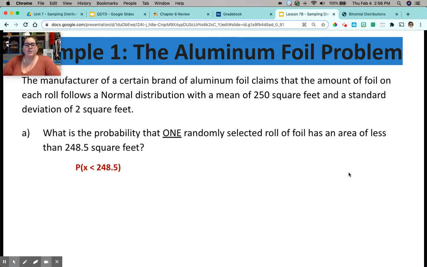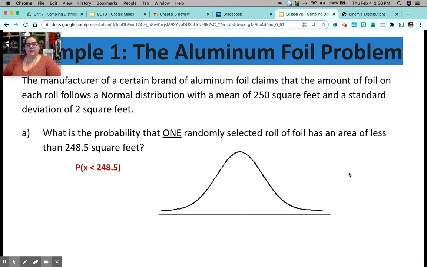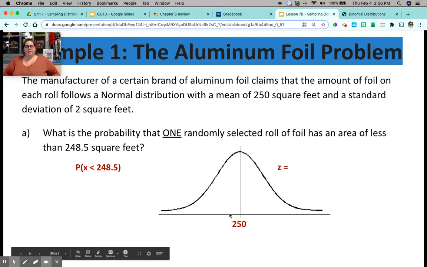All right, so I'm finding just the probability that X, that area for one roll of foil, is less than 248.5. I have my normal model that they told us was normally distributed. I have a mean of 250, and then I can find a z-score. Obviously, my 248.5 is below this somewhere.